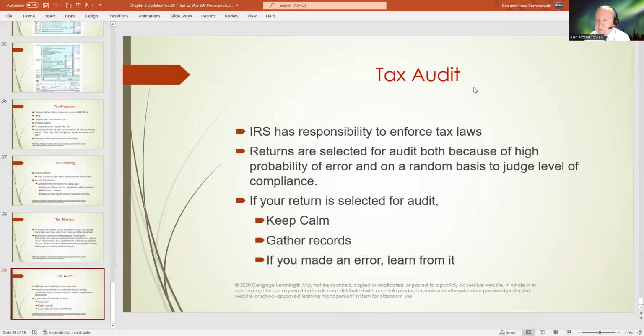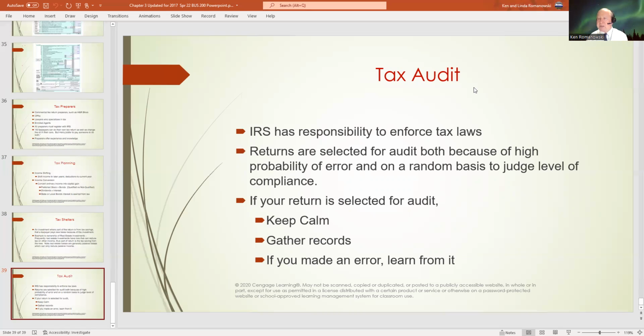Okay, finally, tax audit. If something is wrong with your tax form, usually what will happen is you'll get a notice from the IRS in the mail. Nobody's going to call you first. This is how people get ripped off. Now, remember, the IRS is the one that enforces the tax laws.